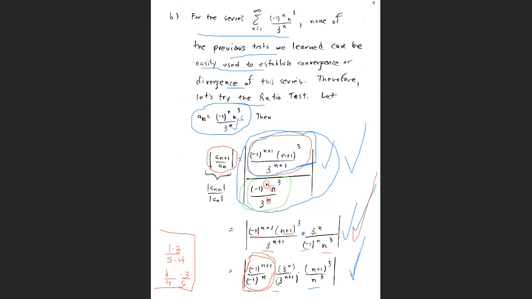That's right, Michael, -1 to the first power. Subtract the exponents. N plus 1 minus n is 1.